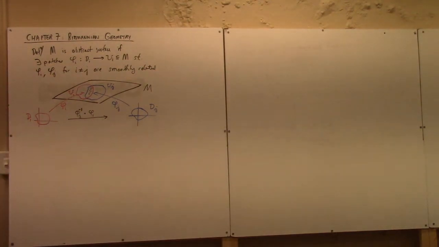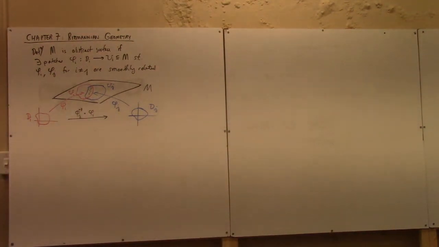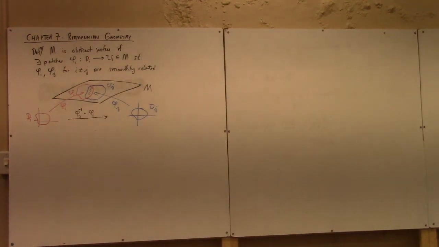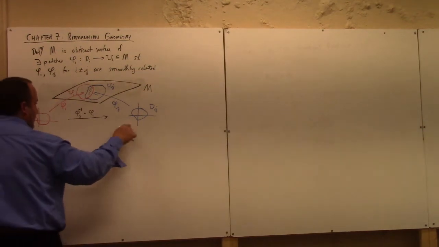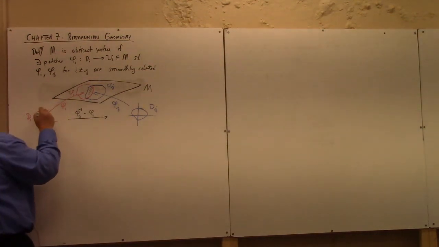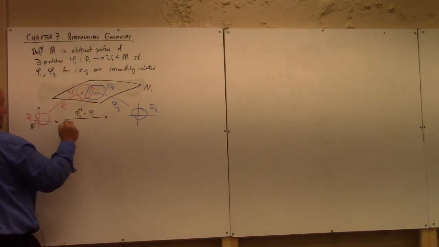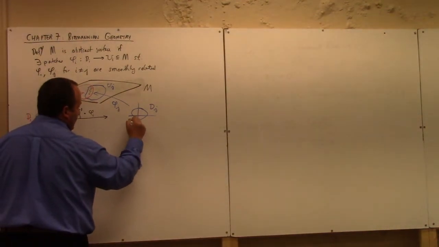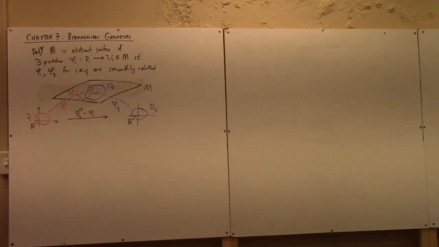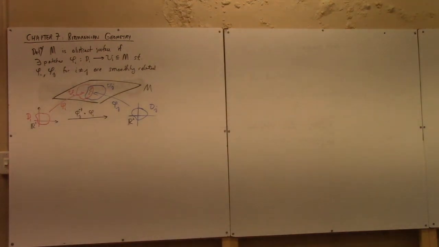So to say that these charts are smoothly related is to say that the corresponding transition functions, these functions down here from R2 to R2, are smooth in the ordinary sense of advanced calculus.